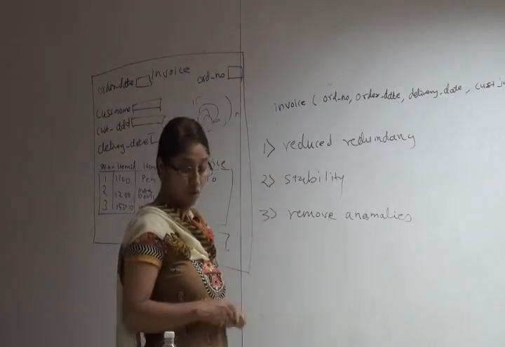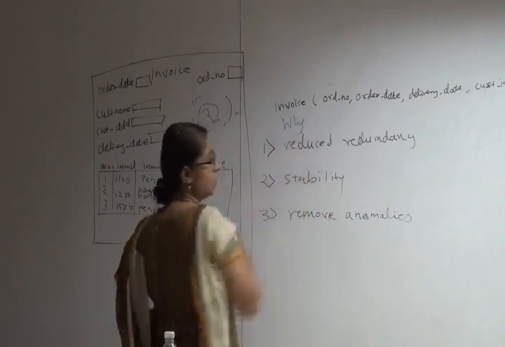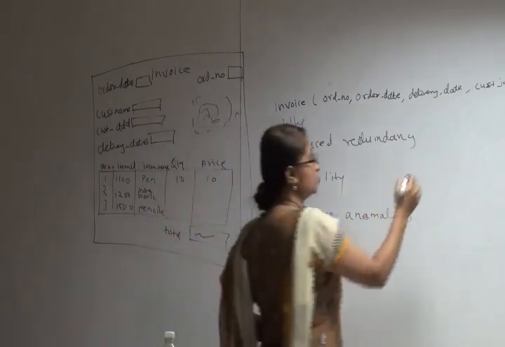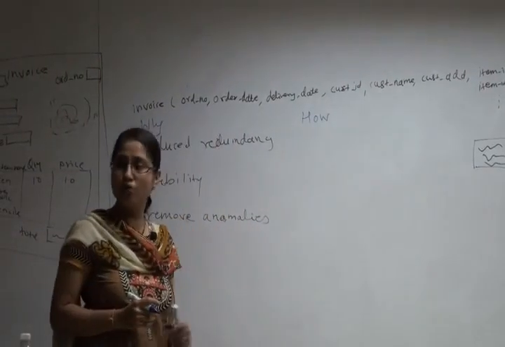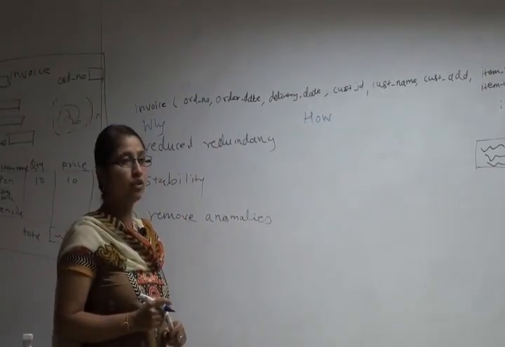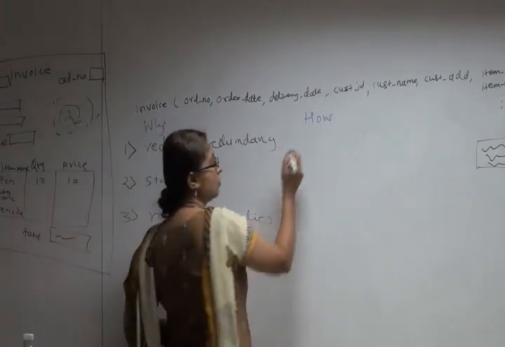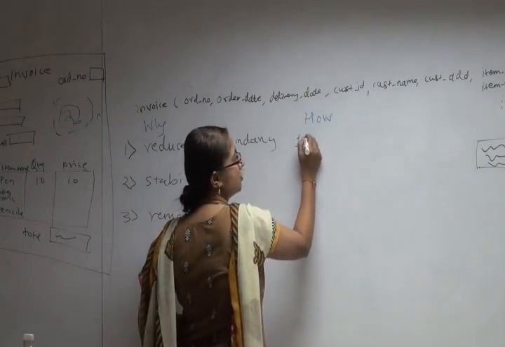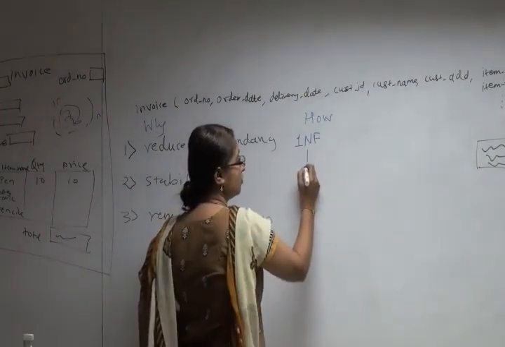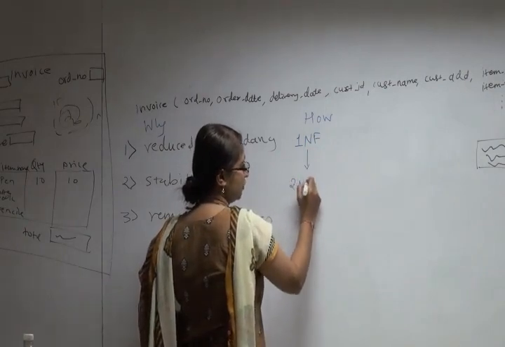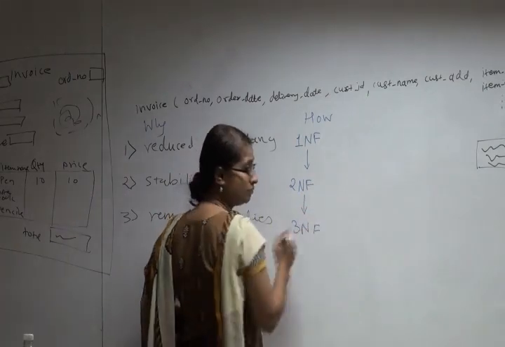This is why we are doing normalization, right? How will we be doing the normalization? We have certain rules for doing it. That is called normal forms. So the first normal form, from the first normal form we will go to the second normal form, and from the second normal form we will go to the third normal form.